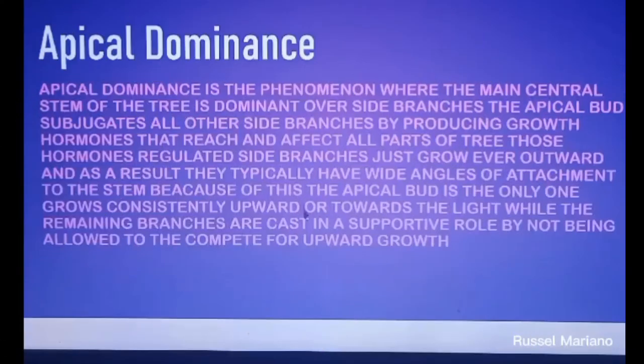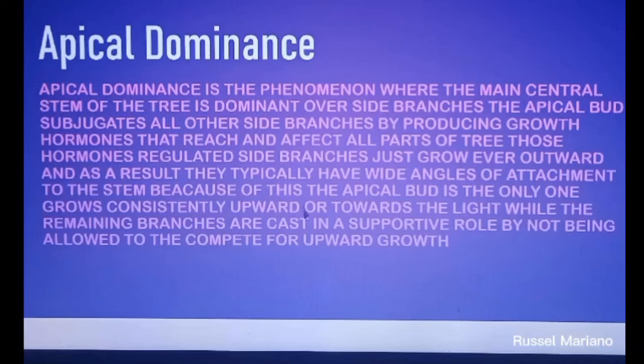Apical dominance. Apical dominance is the phenomenon where the main central stem of the tree is dominant over side branches. The apical bud subjugates all other side branches by producing growth hormones that reach and affect all parts of the tree.